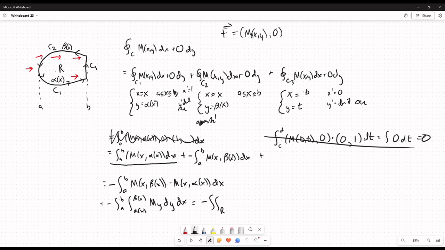So that'll be the negative double integral over our region of the function dM/dy, which is exactly what we wanted for this step of the proof.